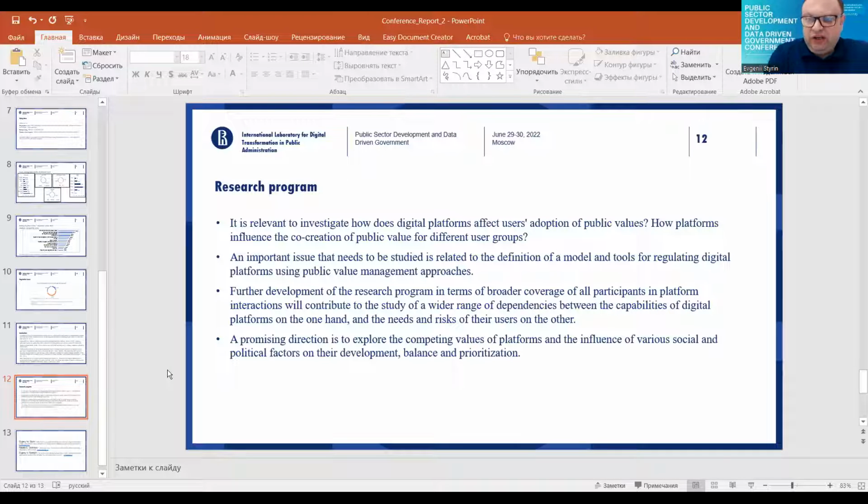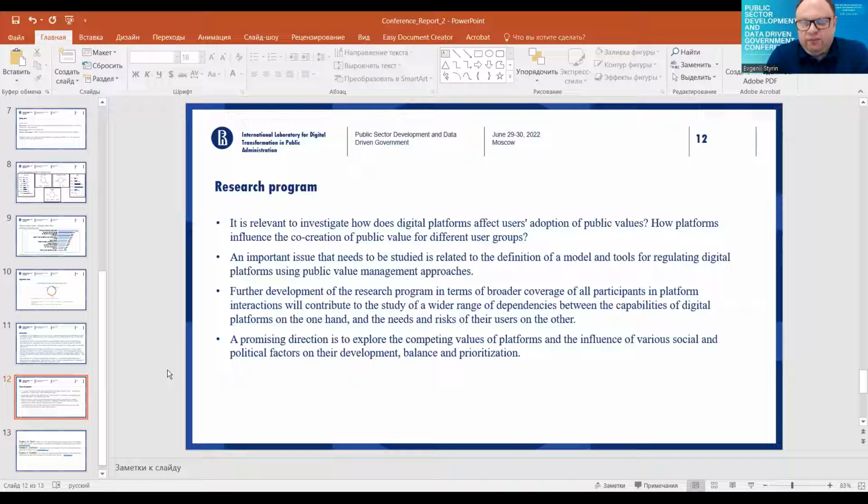So our next steps, and our thoughts in this group, are about what is changing: what public values are changing and how they are changing for users. It's about finding different models of regulation for the platforms.